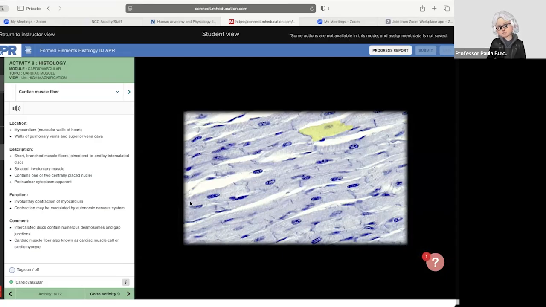It is striated, so you can see the little stripes here. The other type of muscle that is striated is skeletal muscle. So it's striated, and that's due to the arrangement of the thick and thin filaments. It is branched. You can see how this is branched right in here.